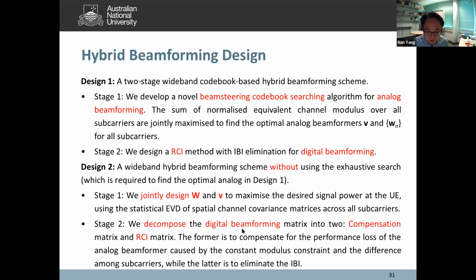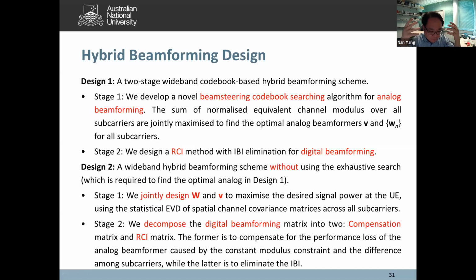Then for the digital beamforming, we decompose it into two matrices: one is the compensation matrix, and one is the RCI matrix. The compensation matrix is a new design, used to compensate for the performance loss of the analog beamforming obtained from stage one. So this is a very brief introduction to the idea of these two designs.